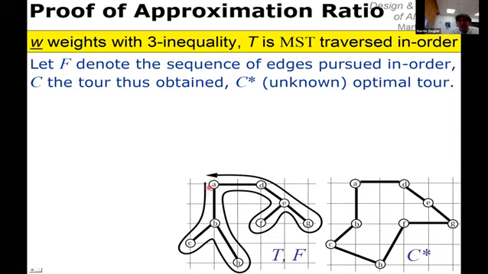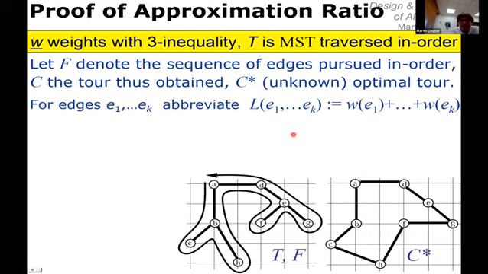So F in this example is the sequence: this edge from A to B, this edge from B to C, then again the edge from C back to B, then the edge from B to H, and the edge from H back to B, the edge from B back to A, and the edge from A to B, and so on. And an important observation is that one relation between the edges in the minimum spanning tree and the sequence F of edges is that every edge in F is exactly a double occurrence of the edges in T.